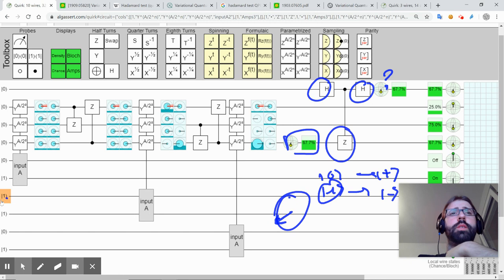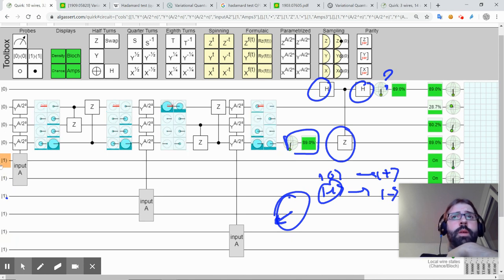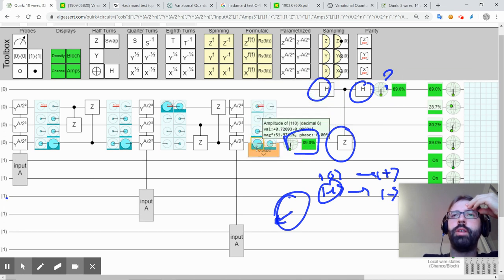If I do this rotation with a 2 and a 3 here, then I get 67%, 62%, and 89% with these rotations. What does this 89% represent?